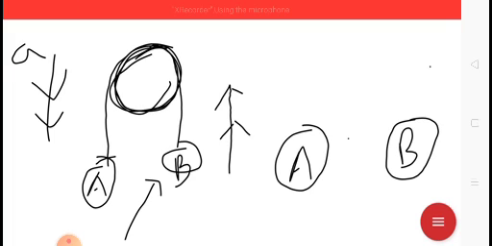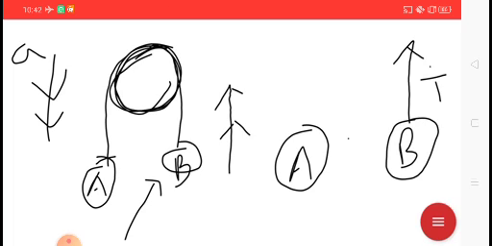Because they are connected by a cable or wire, you should assume the tension first. The tension goes up on one side, and on the other side the tension also goes up. They have the same T because it is the same cable.